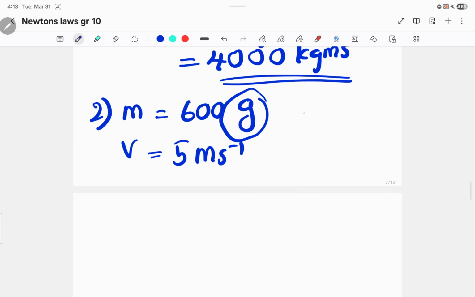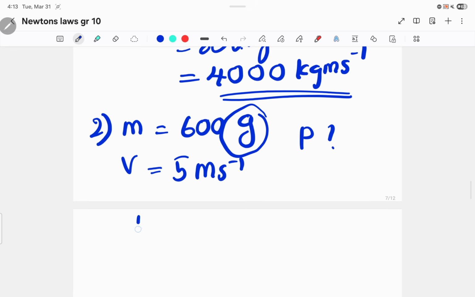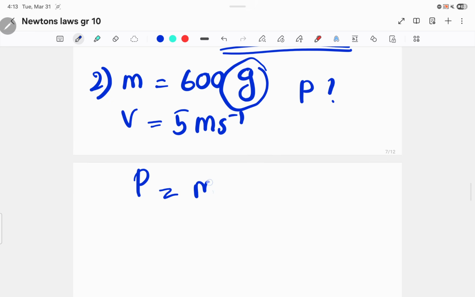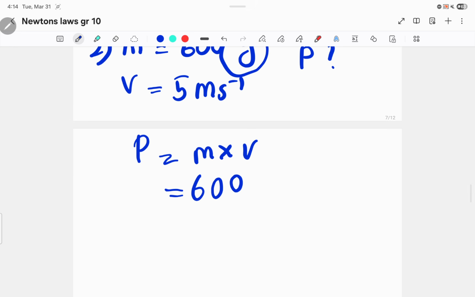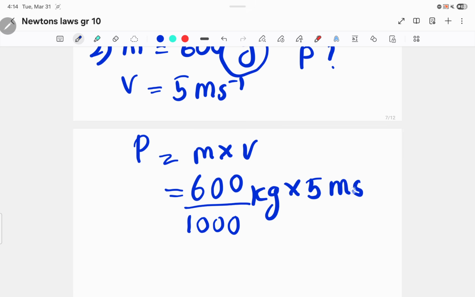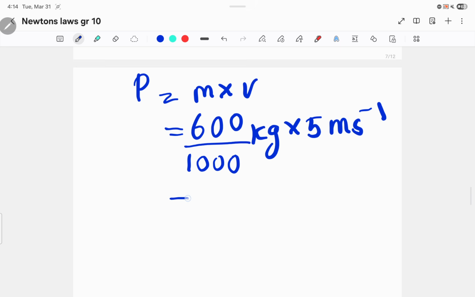So momentum equals mass into velocity. Now mass is 600 grams. To convert it to kilograms, we divide by 1000. Velocity is 5 meters per second. So these two cancel. 1, 2, 3. 3 kg meters per second.